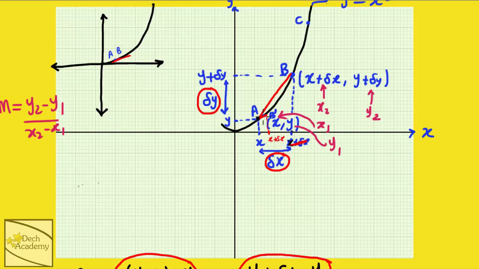But if I keep moving B closer and closer to point A, eventually point B will be right next to A, or almost coincident with point A. Essentially what is happening is, as B is moving closer and closer to A, delta x, this change in x, is decreasing in value. Initially this delta x was this big, so let's say that's a change of 2 units.